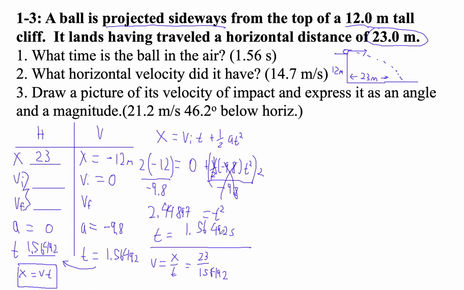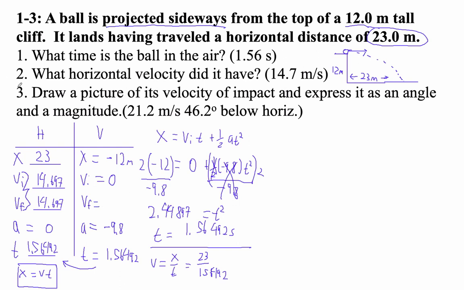I'm going to go 23 divided by answer. And I get that this velocity here is 14.697. Okay, the next thing I want to calculate is this final vertical velocity.